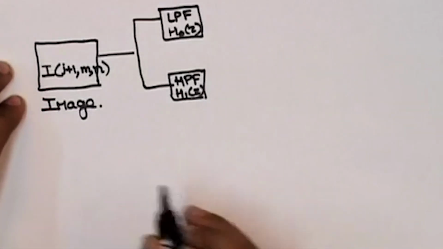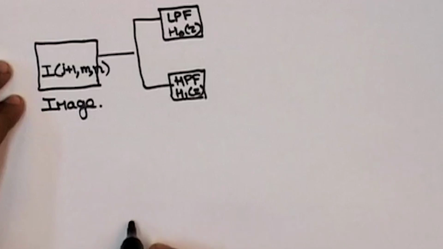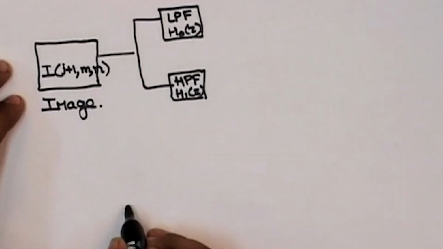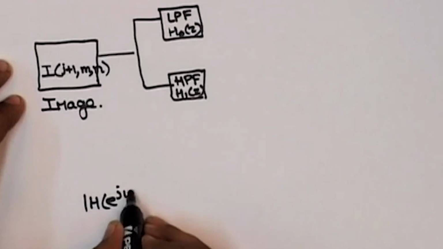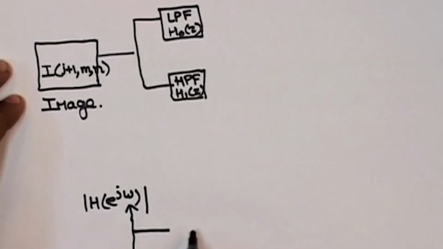The frequency response of the filters can be shown as follows. Suppose that this is our frequency axis f and this is the magnitude. If this is the frequency response of a low pass filter, then the frequency response of the high pass filter should be like this, where this amplitude is 1.